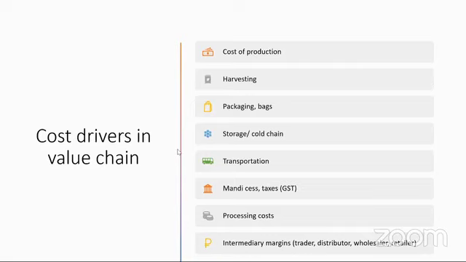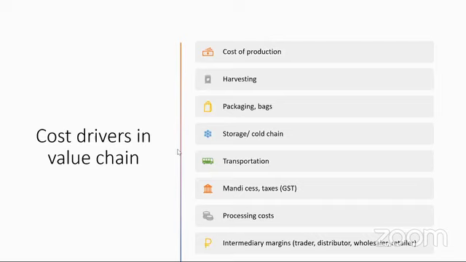Now, if we are looking at produce like oils and even dals or rice, there is always processing cost involved. In between, there are intermediaries like trader, distributor, wholesaler, and retailer. Usually, when anyone looks at the cost, how the costs are defined is the most important question.